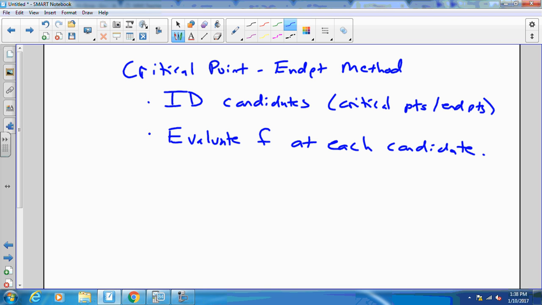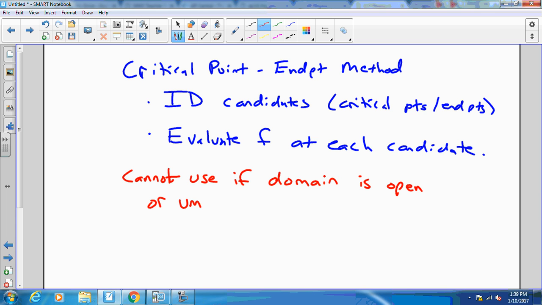It turns out that the critical point endpoint method is not always applicable. In particular, I cannot use it if my domain is an open interval or if it is unbounded.